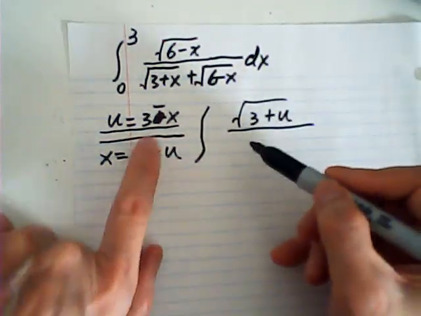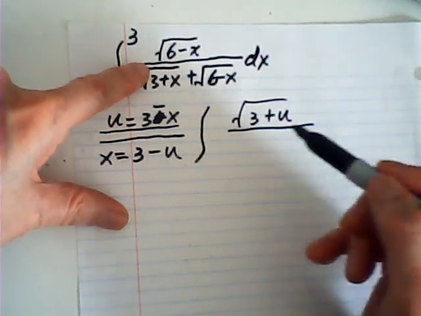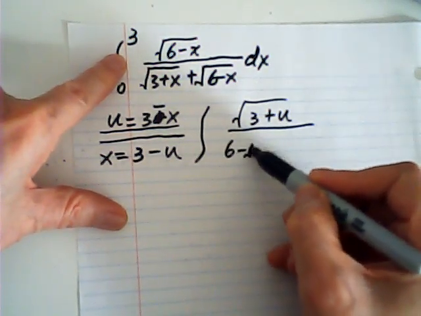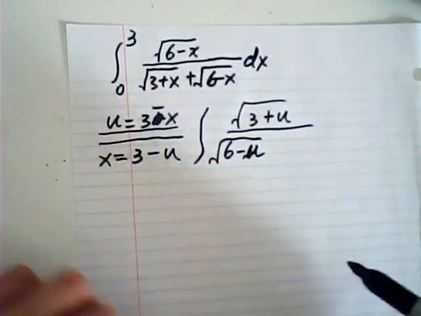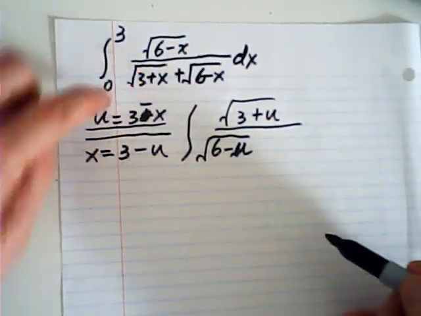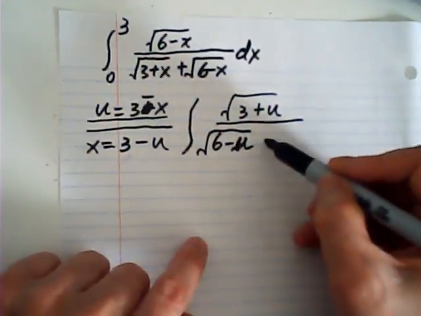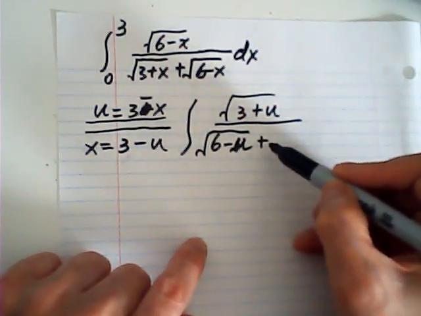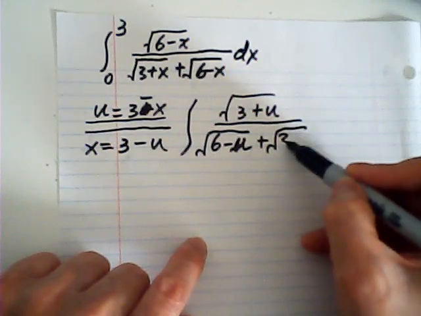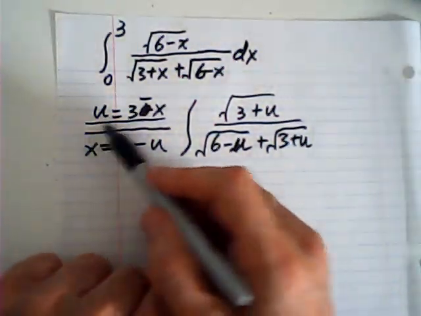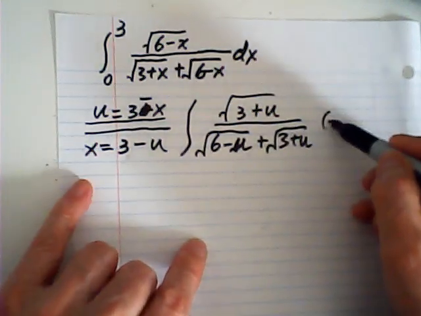And this becomes 6 minus u, square root. Because x is this, 3 plus the 6 minus u, yeah. Plus 3 plus u, right? And dx is negative du.